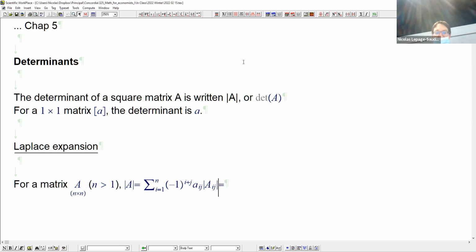This is if I go from row 1 to row n, but I could also do it column-wise, and it's the same thing. All I would have to do is change the index. So I can use the columns or the rows. And if you think that this doesn't make any sense, I agree with you. It's complicated, but everything's going to make sense when you start doing it.